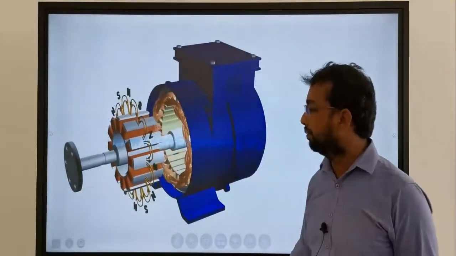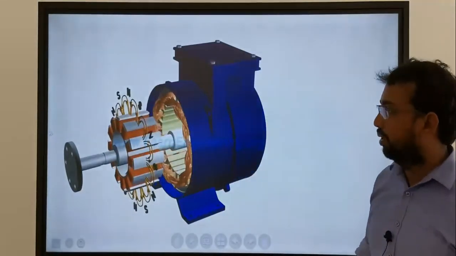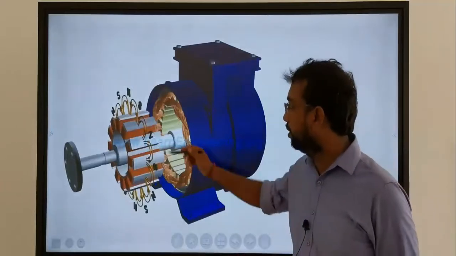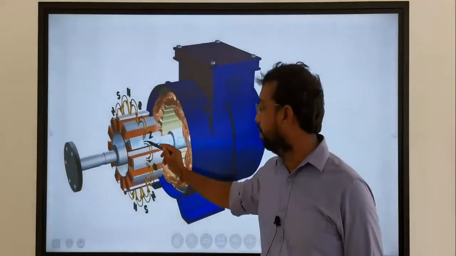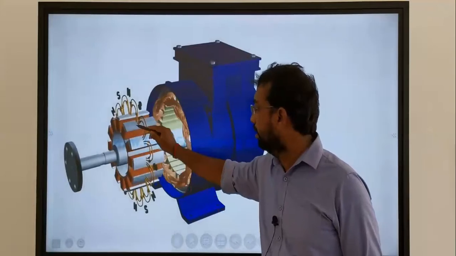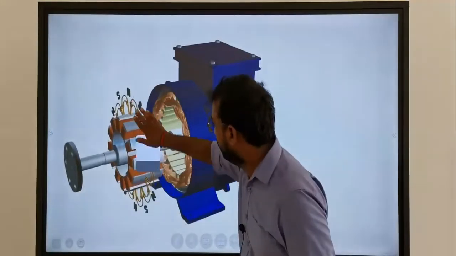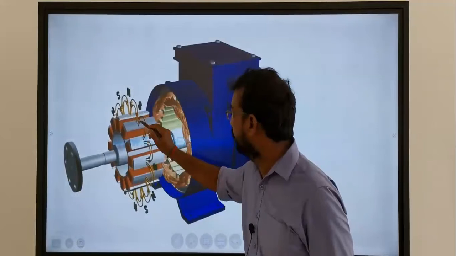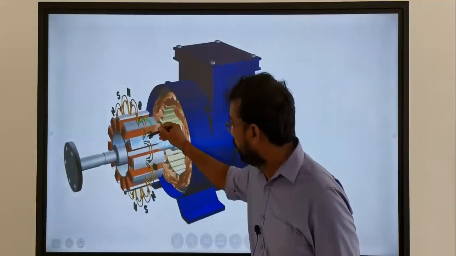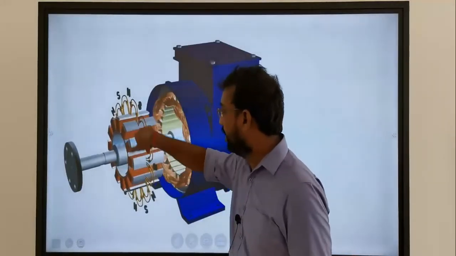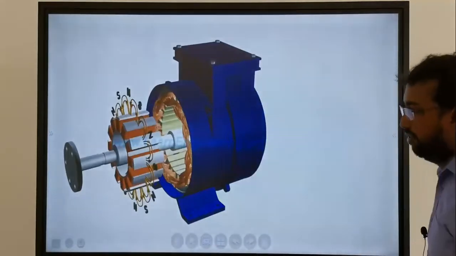Because of this arrangement, the magnetic field is produced, with south and north, so the magnetic flux goes from south to north like this. So this is a rotating magnetic field.